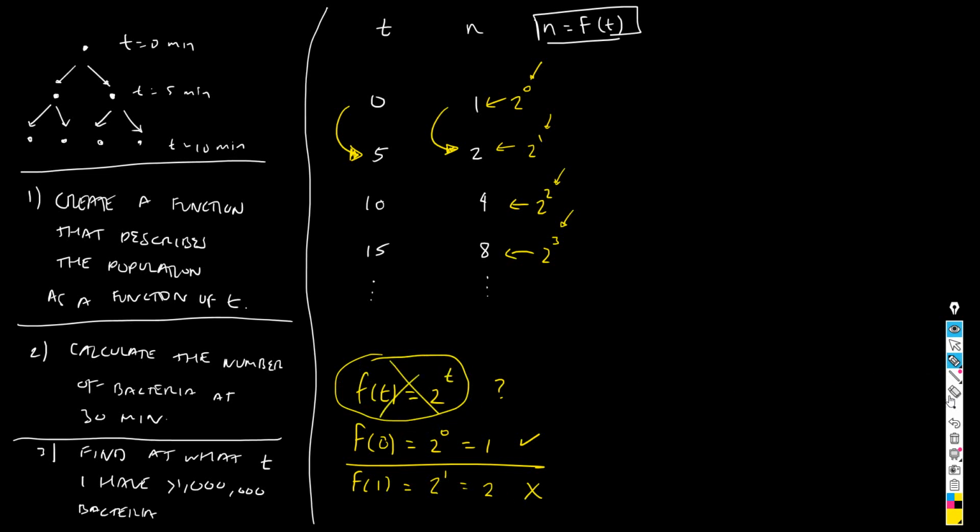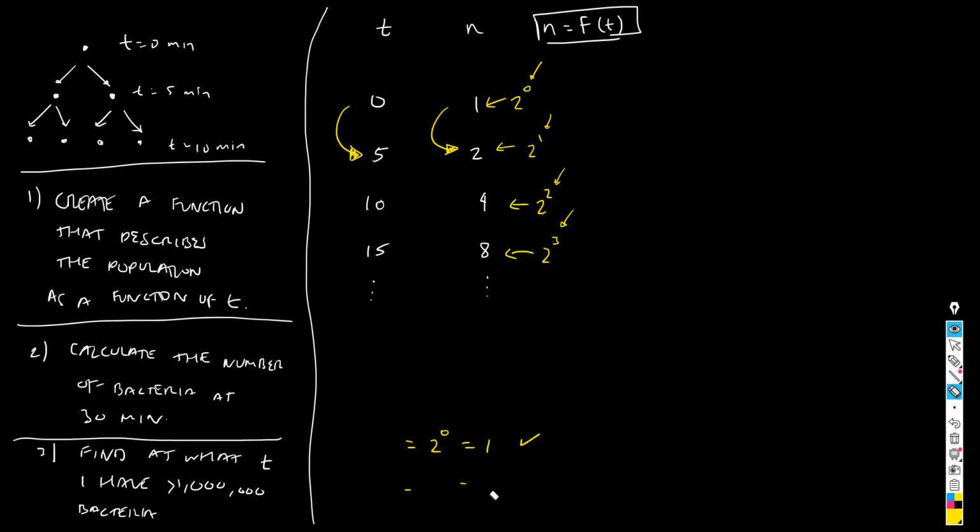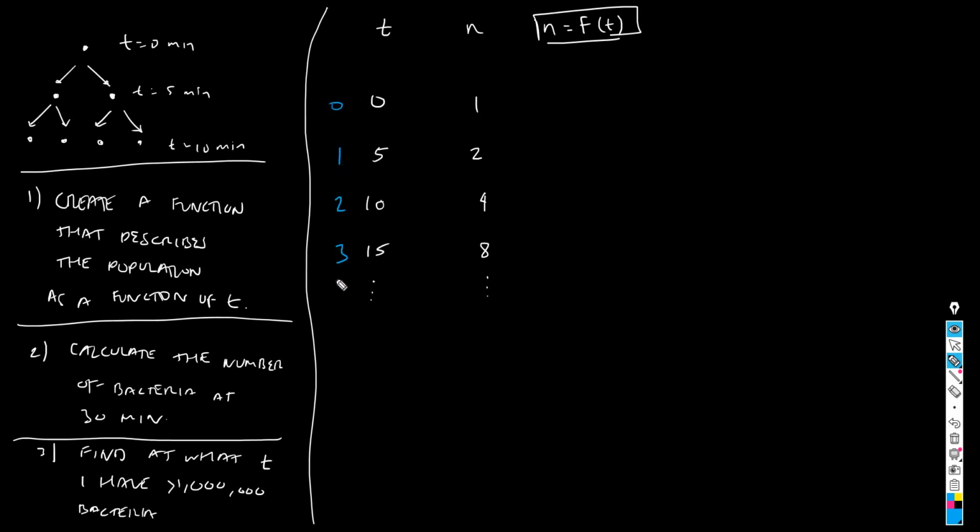So what is the trick? The trick, and this is also another trick very common in mathematics, is this. Let me erase all of these numbers. The trick is thinking of your times 0, 5, 10, 15, etc. as having a relationship to 0, 1, 2, 3, and so on. Kind of like some sort of match.